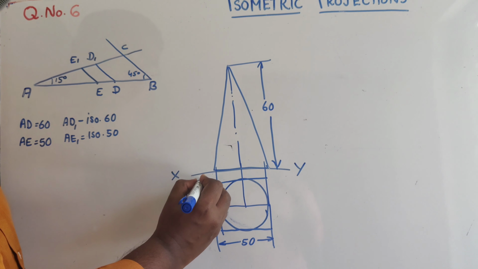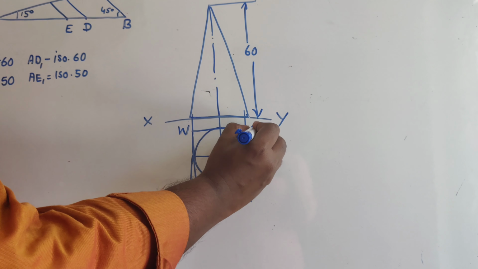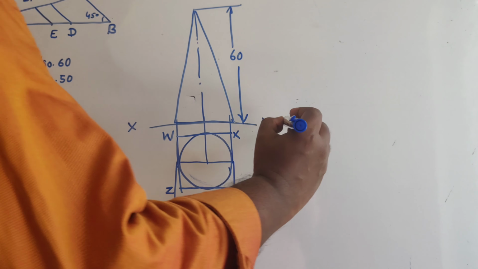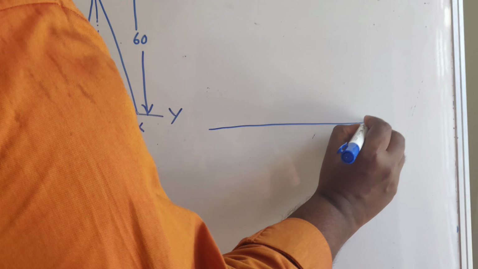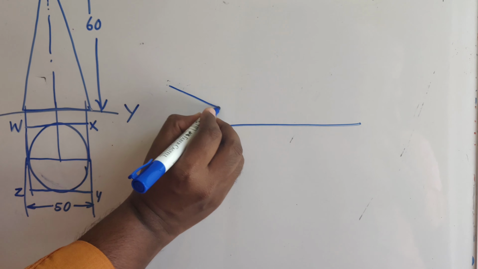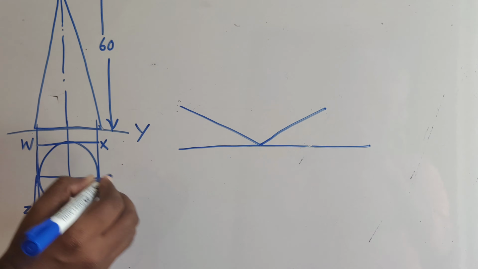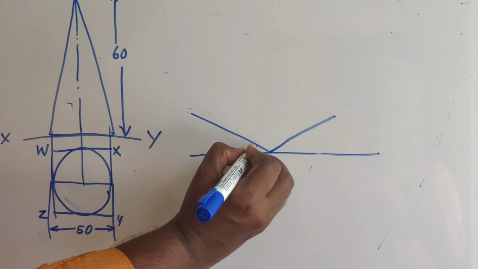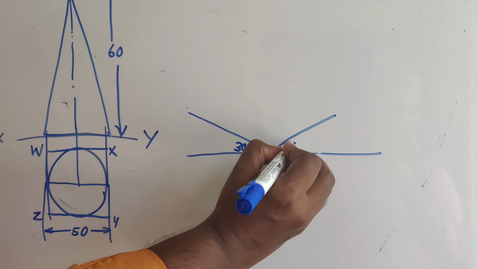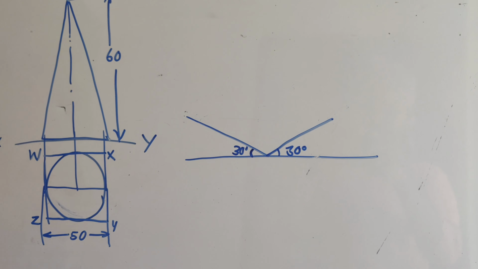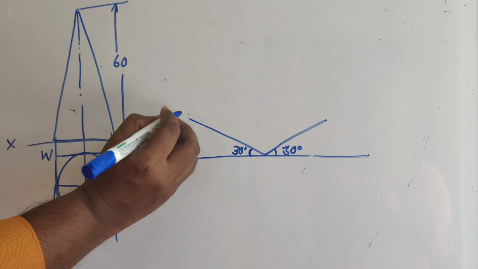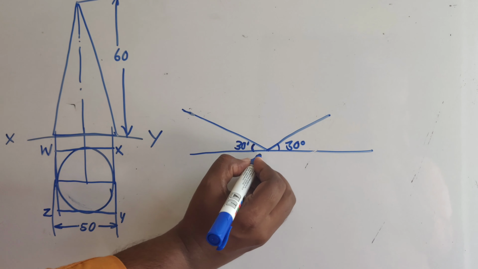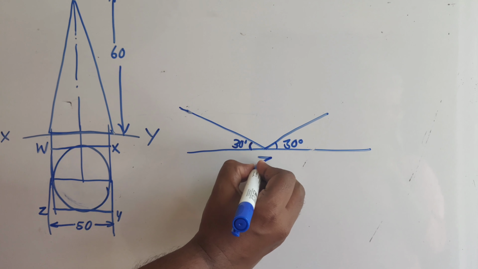I am naming the box as W, X, Y and Z. Now we can draw the isometric axis, which are inclined at 30 degree to the horizontal, or mutually inclined at 120 degree. So what should be the length of this edge? As we know, we have to draw the box there. That is, you can take WX or WZ, whichever you want. I am marking this as Z.